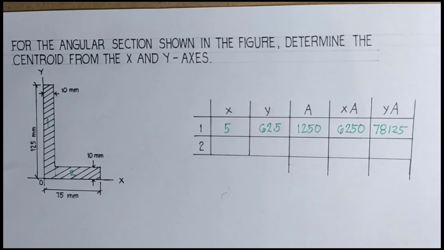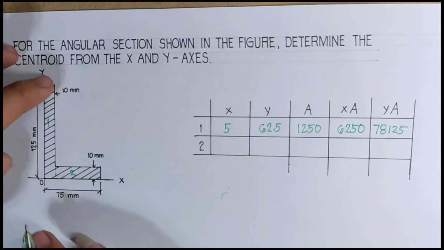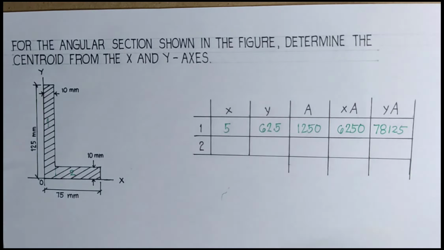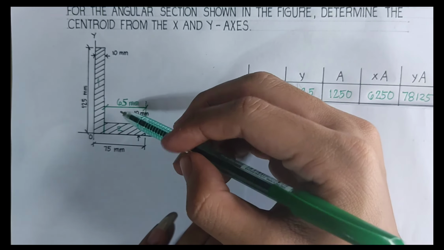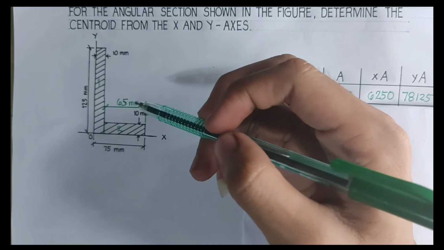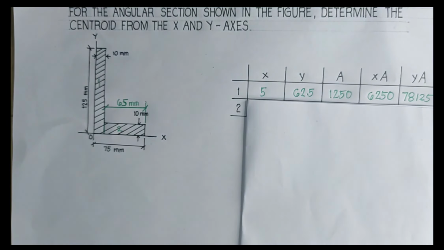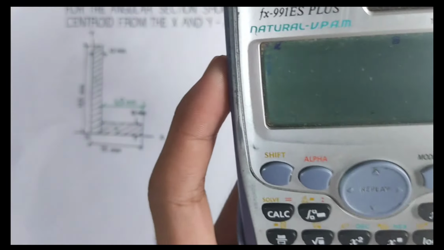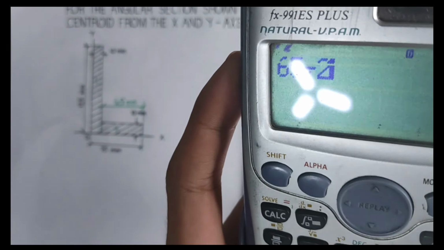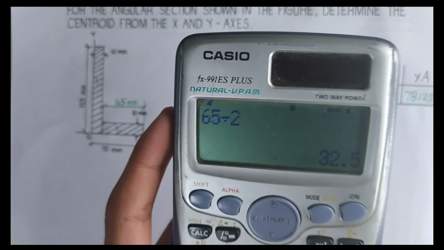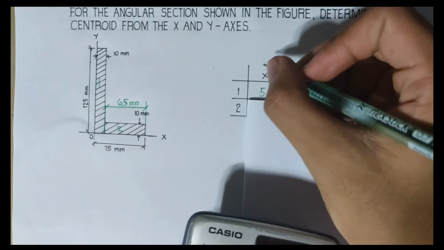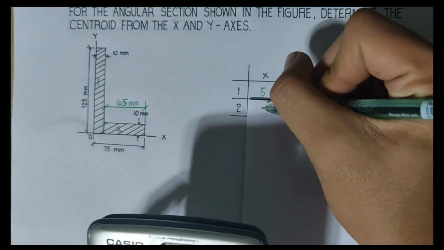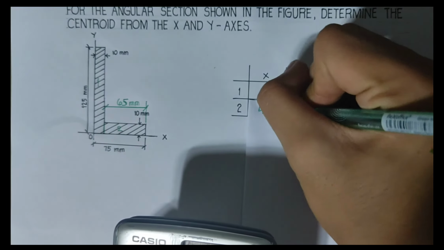For the second segment, let's subtract the thickness of the first segment. Then, it will have a total length of 65 mm. So, for the bar X of the second segment, 65 mm divided by 2 is equal to 32.5, plus the thickness of the first segment, we will have a total of 42.5.